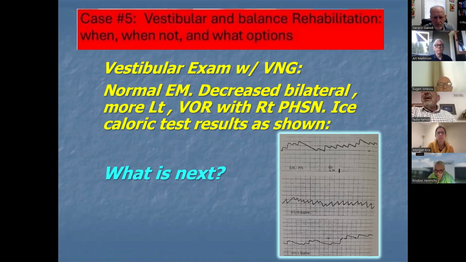So to me, I kind of said, okay, well, let's do the cold or ice water calorics. So is there anything else you would do before you go to the ice water calorics? Or based on that, what would be the next step?